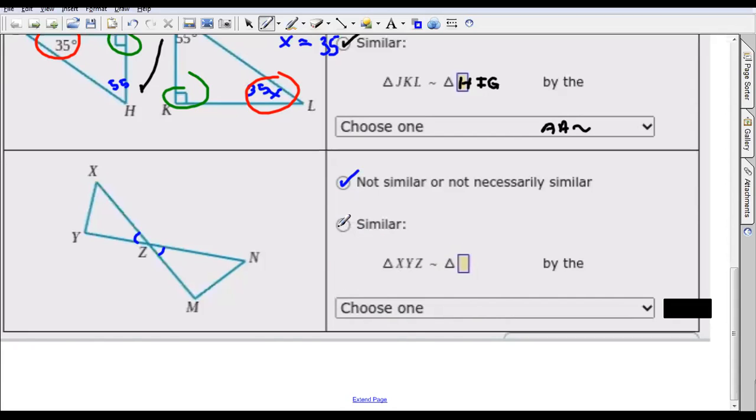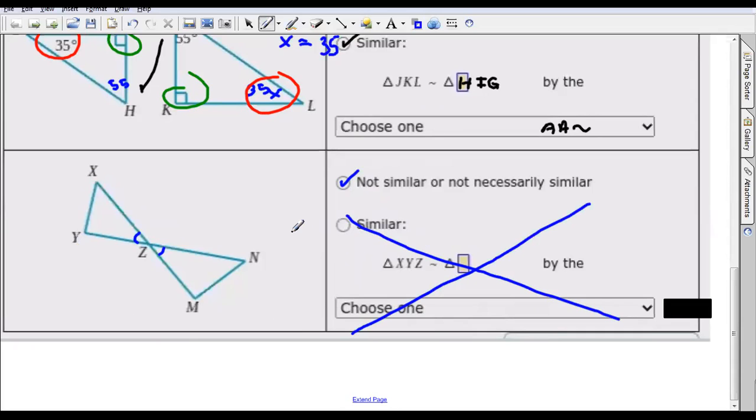Once you pick not similar, these other answer choices are no longer necessary. These are necessary only when it's similar. And it's not similar because you don't have enough information. Any question here?